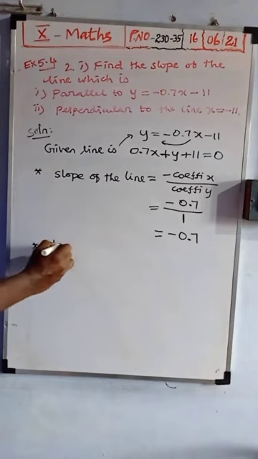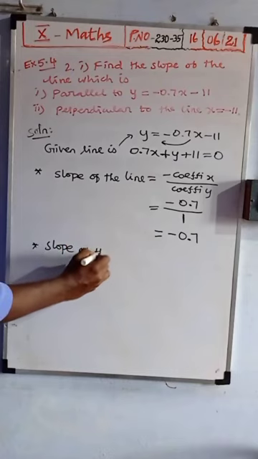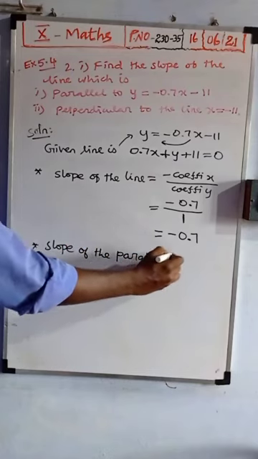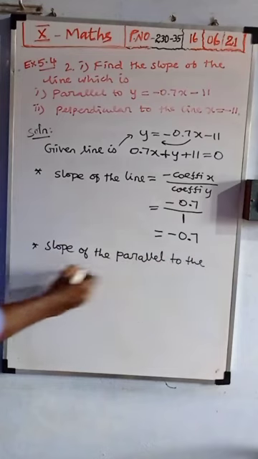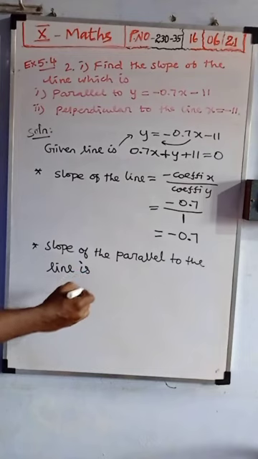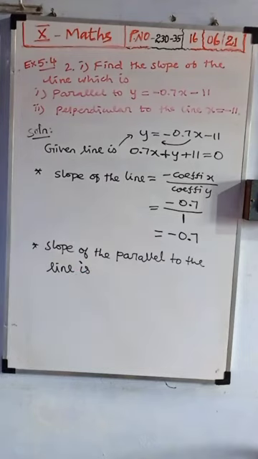The next part asks to find the slope of the line parallel to the given line. It will not change, because when two lines are parallel, the slopes also will not change.